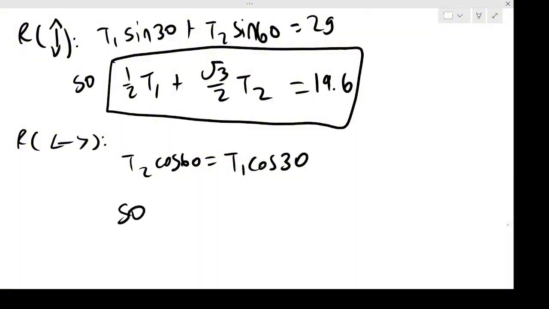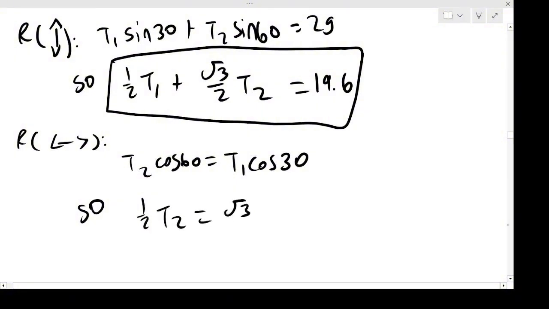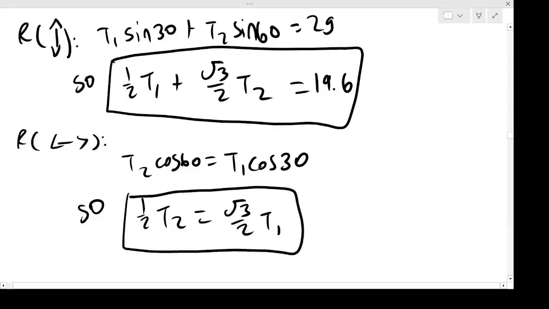Cos 60 is a half, so that's going to be a half T2 equals root 3 over 2 T1, because that's cos 30. And there we are. So then what we've got is effectively simultaneous equations I can solve for T2 and T1.